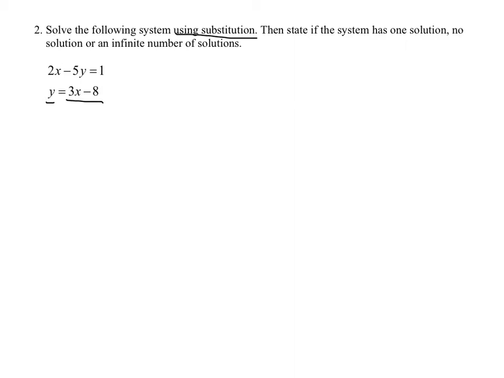I don't have either one of those. So what I'm going to do is, see how I have 2x minus 5y equals 1? I'm going to take this expression, which I know is equal to y, and substitute it into y in that first equation. Solve for x.